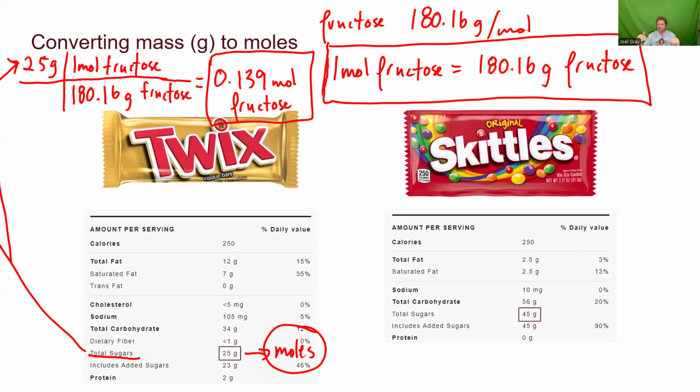Or did I have less than 180 grams? Or did I have more than 180 grams? I had 25 grams, which 25 is less than 180. So since I had less than 180, and 180 is the amount to get me 1 mole, I have less than 1 mole, okay? So my answer should be less than 1.